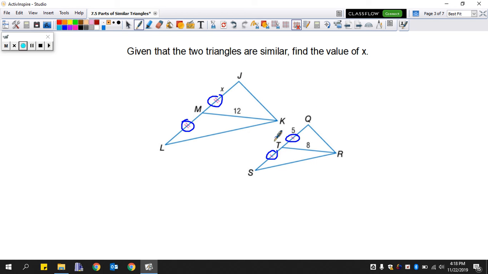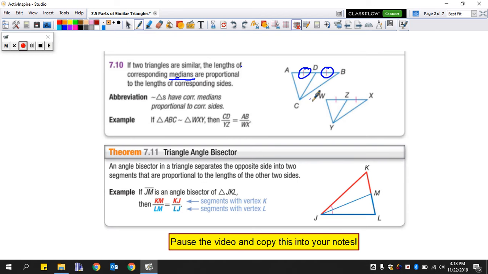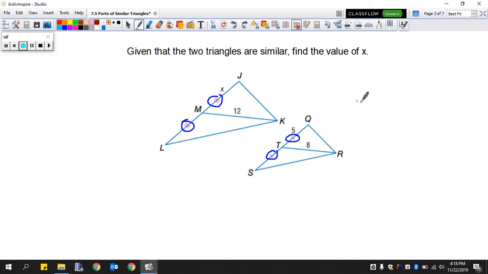So if we go back to the median, we know that CD is going to be proportional to YZ, and the two sides are going to be proportional.